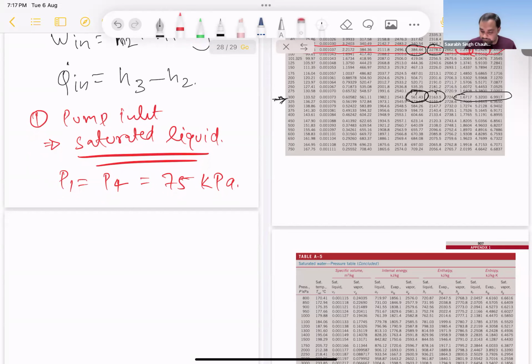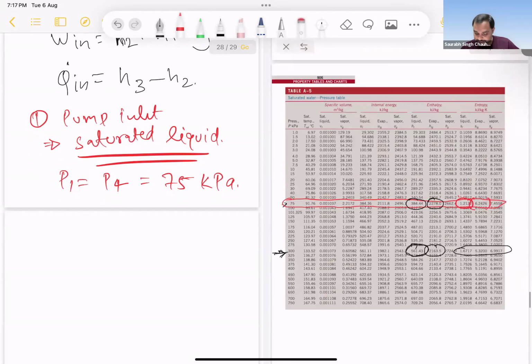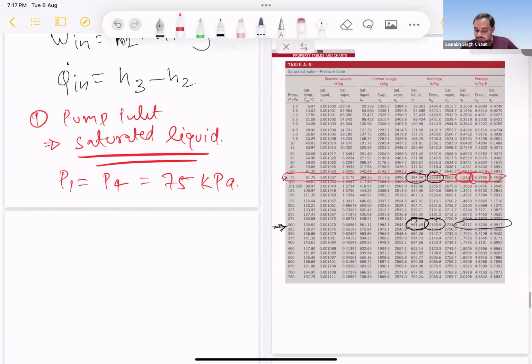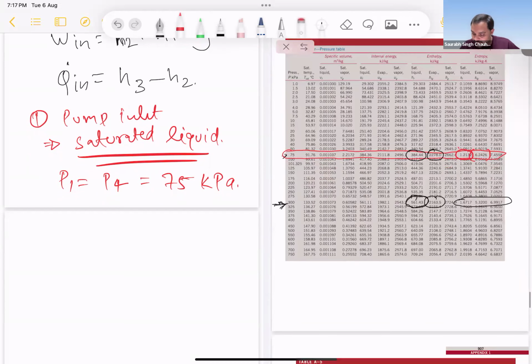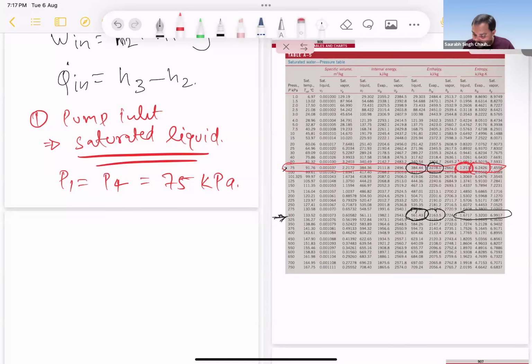So from saturated table, we can find H1. H1 means enthalpy of saturated liquid. So the enthalpy of saturated liquid, how much is it?